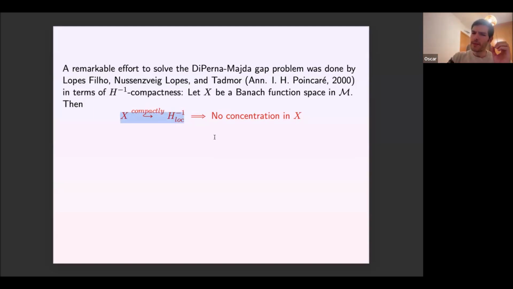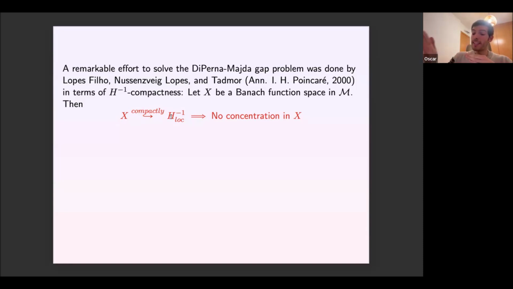All right? Okay. It is more or less clear that this result holds. Why? Because assume that you consider a bounded family of vorticities in X. Since this embedding is compact, you can extract a subsequence converging strongly into H^-1, okay? But this is in terms of the vorticities, all right?